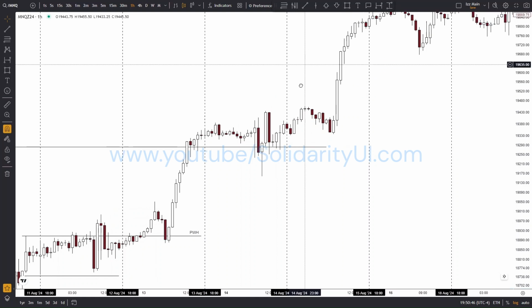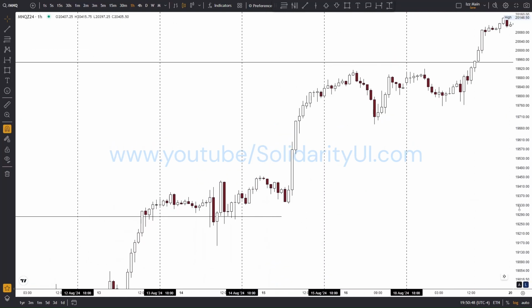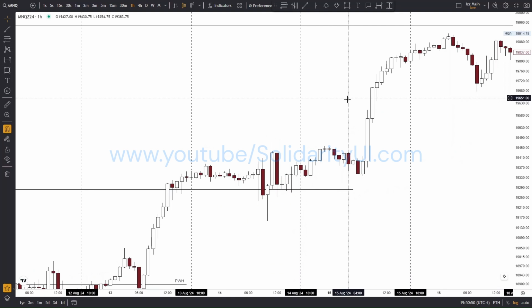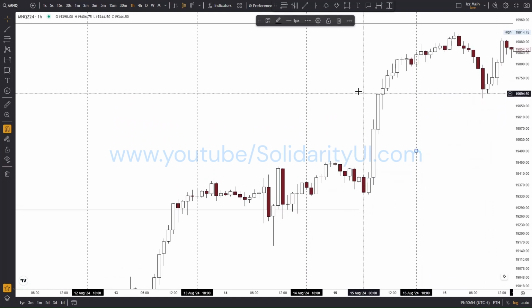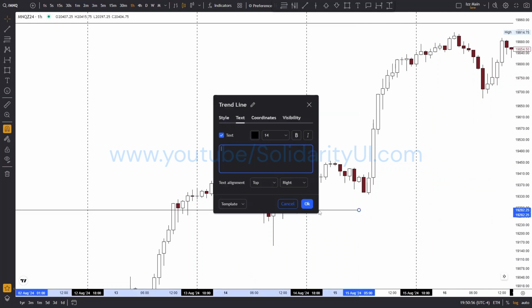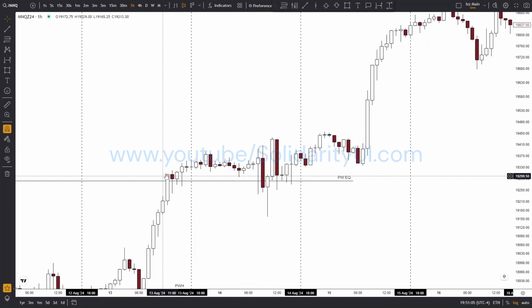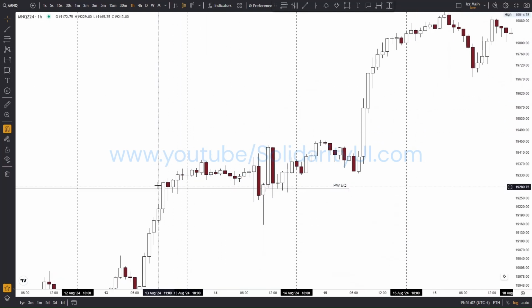So, like right here, we have these 3 quarters, and this level right here, this is a previous week equilibrium level. So on Tuesday, that was its primary draw, was that previous week equilibrium.